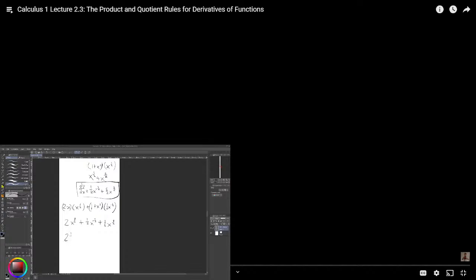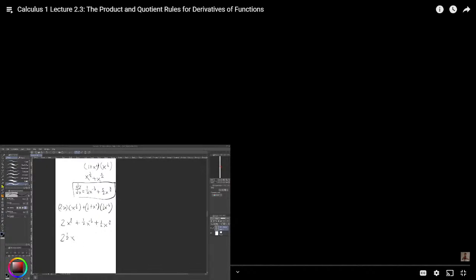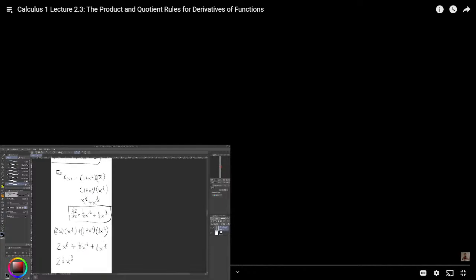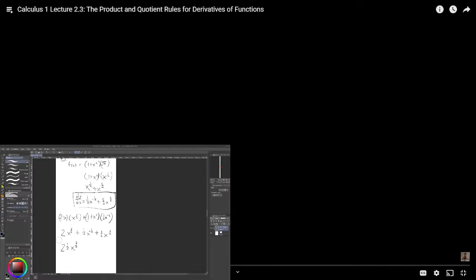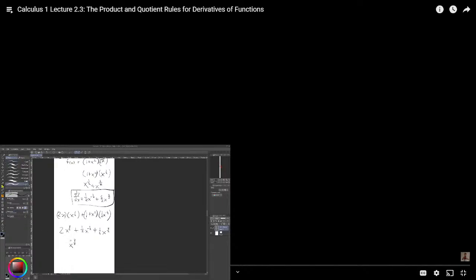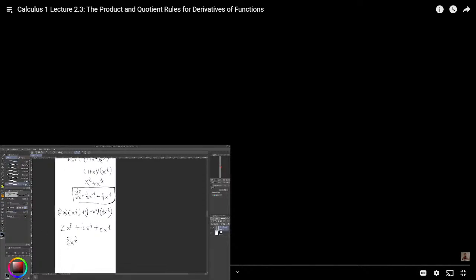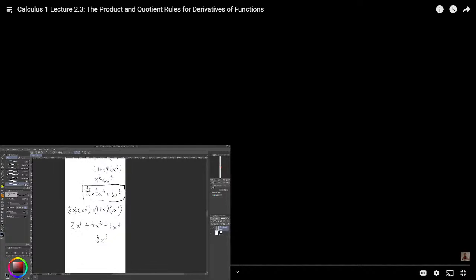It's got 2.5 x to the 3 halves, which is 5 over 2. Move this over. So it looks like the first one I found. And then yeah, half x to the negative half, okay. Again, it's harder to use the quotient or the product rule for this for sure.